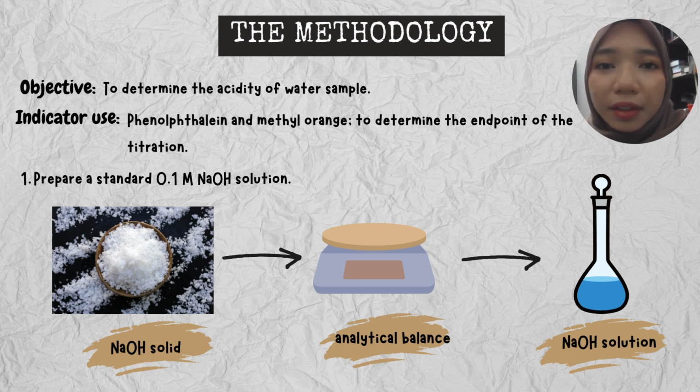So by the calculation, we found that we need to weigh 4 grams of sodium hydroxide pellets by using an analytical balance, and then we need to add a small amount of distilled water to the 1 liter volumetric flask, and then we need to stir the flask to dissolve the sodium hydroxide completely. And once the sodium hydroxide is dissolved, fill the flask with distilled water up to the 1 liter mark and mix the solution to make it more homogeneous.